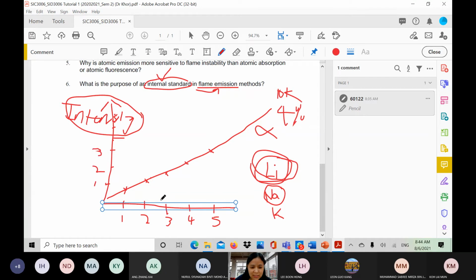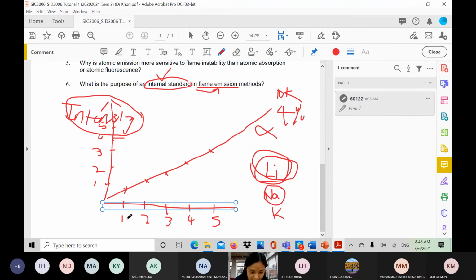Intensity 3 is 3 ppm, 4 is 4 ppm, 5 is 5 ppm. So for lithium, the internal standard, we must fix the concentration. Either we spike this internal standard into our standard or into our unknown sample. We have to spike the internal standard into the standards.